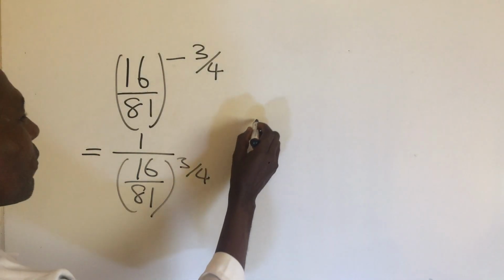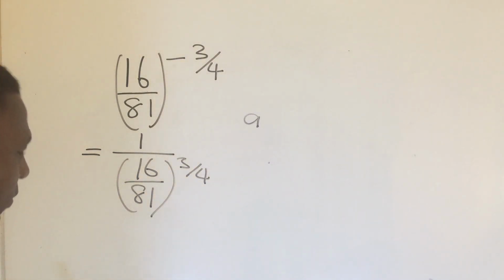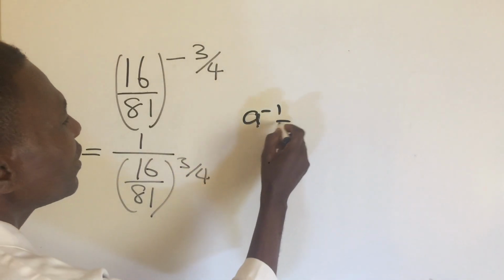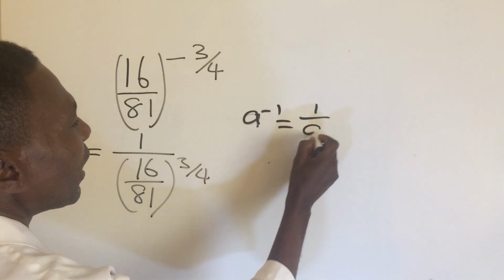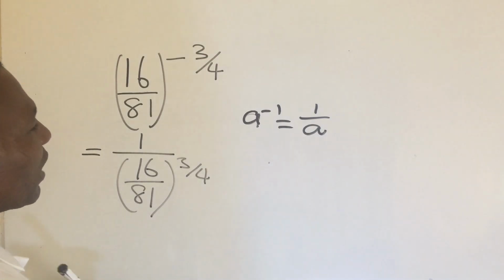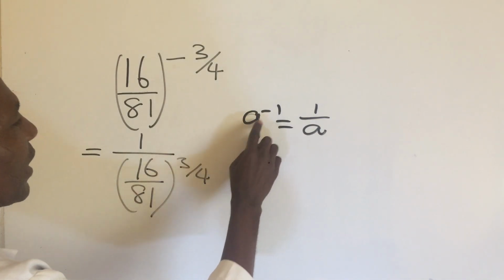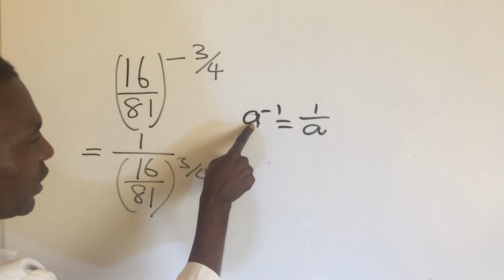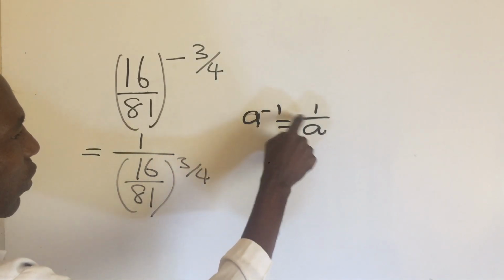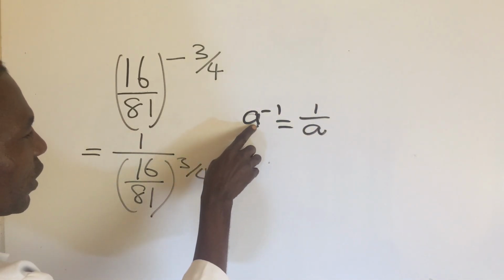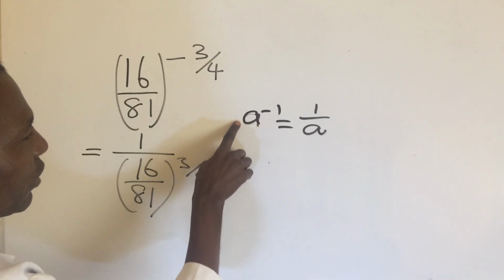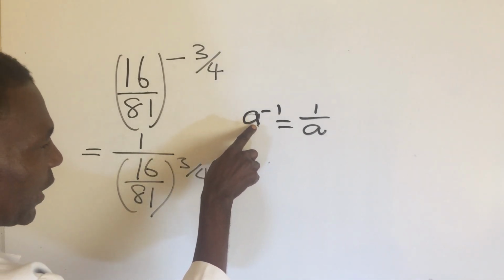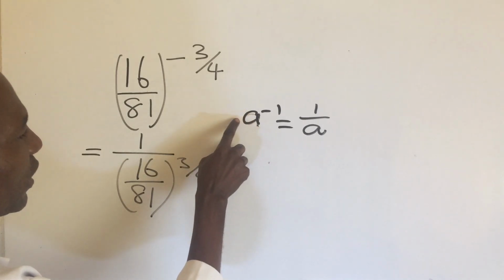If you have a raised to power minus 1, it means 1 all over a, meaning that this minus sign has the power to lift the coefficient of this a to be 1 all over. The coefficient of a here is 1, even though this means 1a.